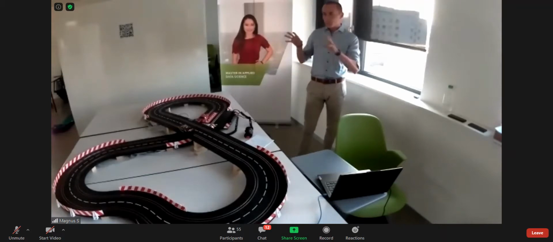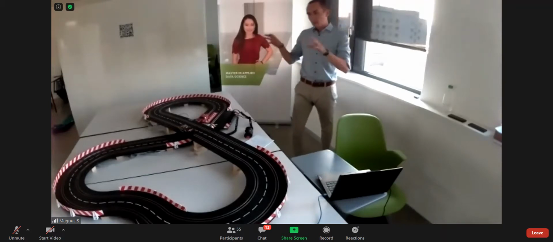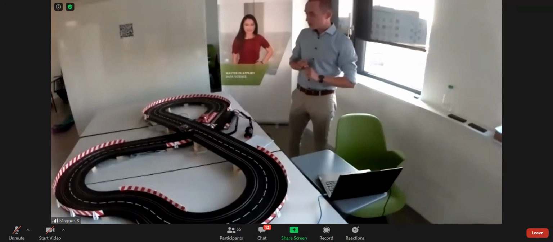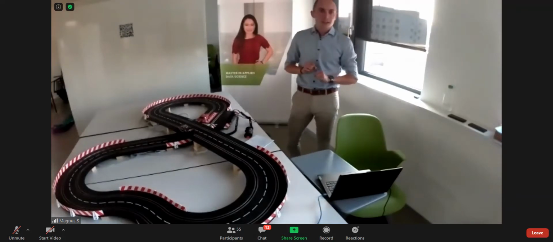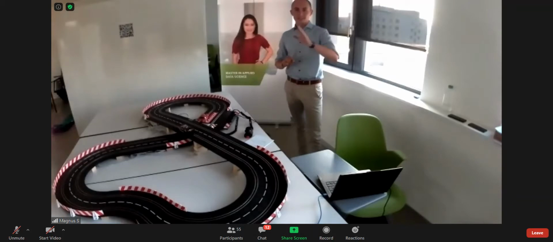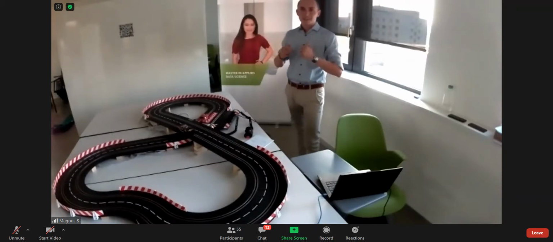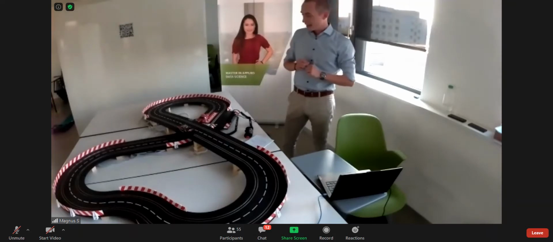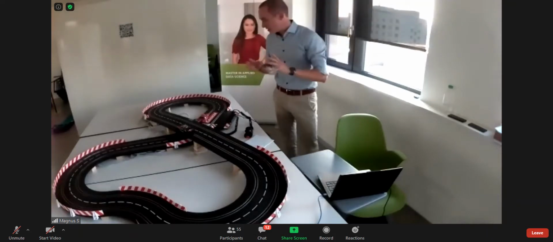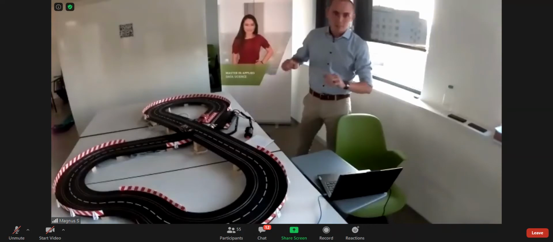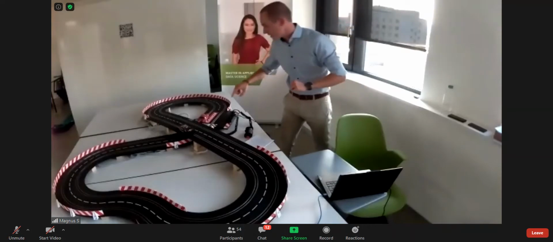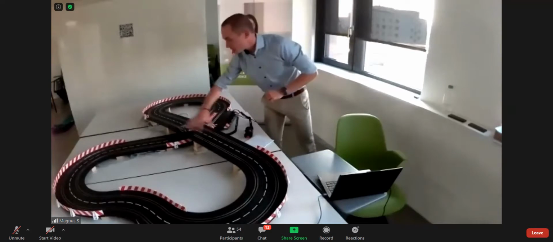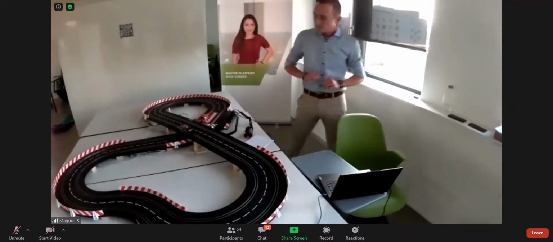What they did is build this racing track and equip it with a couple of sensors. The first sensor is a camera sensor, which you're right now seeing me directly in the picture. The other sensors are light barriers built into the track. We have one here, a couple here on the straights, and some others here.